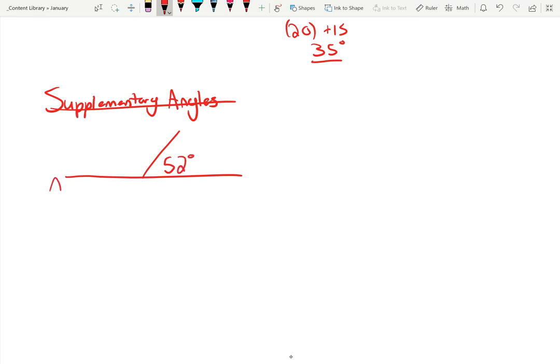Let's give these letters as well. Let's say A, B, C, D. So we know that currently angle CBD is equal to 52 degrees. But I want to find angle ABC. Well, remember, it's just like complementary, but instead of adding up to 90, these add up to 180.